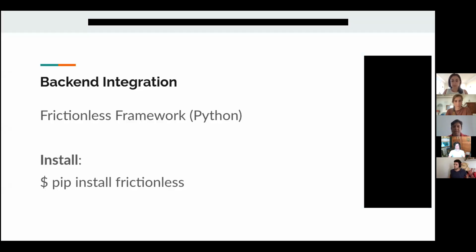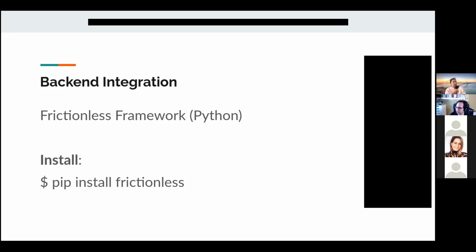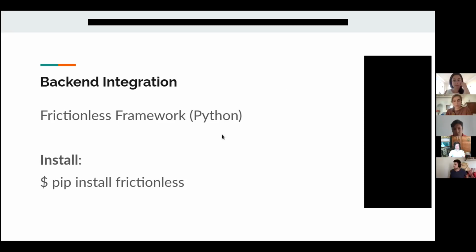I don't know if all here are more technical. Basically, the frictionless framework is based on the Python language, and to install the frictionless Python package, you just have to use this command: pip install frictionless.